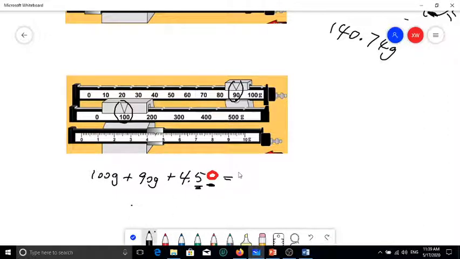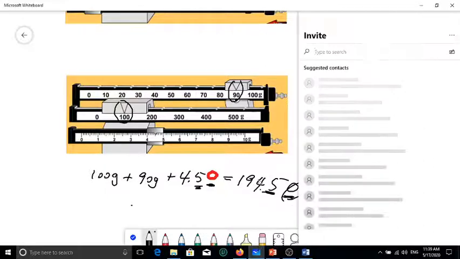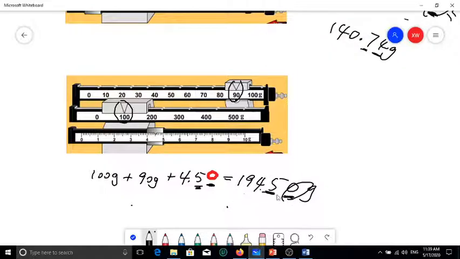It has to be read as 194.50 grams. So no matter what this number is, you should always have the estimated digit at the end. It could be a 0, could be a non-zero. It has to be there. All right, so this is how we determine which digits we need to estimate.